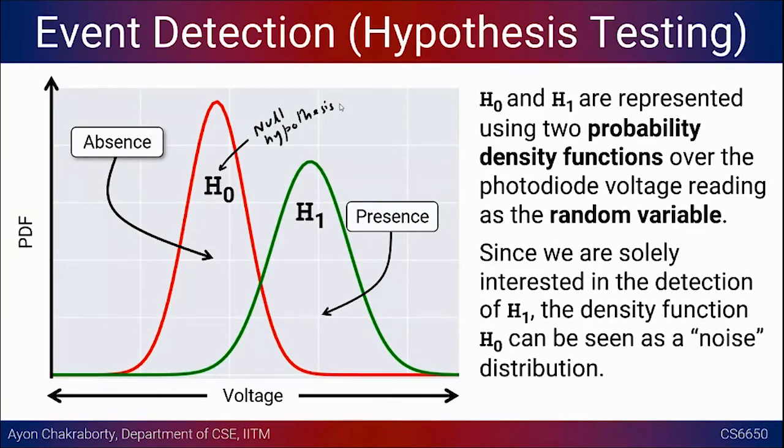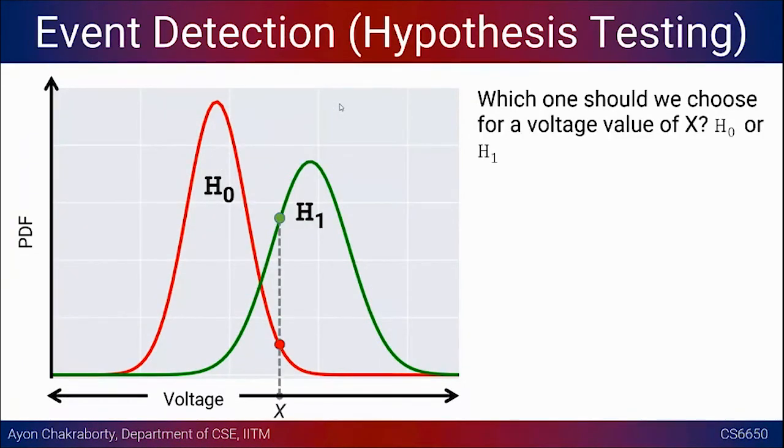Whether it is H0 or whether it is H1. Okay, so now the next thing we can do is, since we have these two PDFs, we can choose for a given value of X. Suppose X is the raw sample that we have collected from the microcontroller.